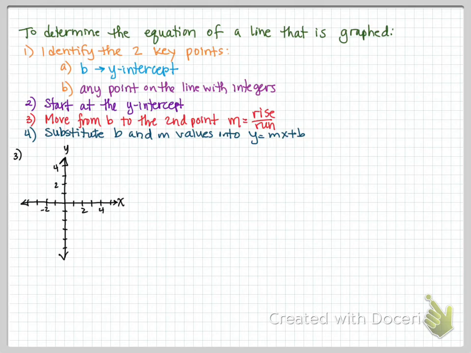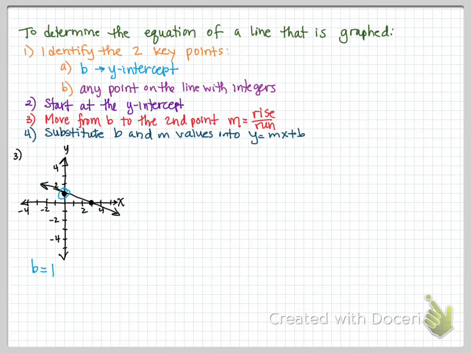Oops, I didn't go over far enough. There we go. That's better. Okay, and I have two key points that we can see pretty clearly in our line. So we're going to start with the y-intercept. See, it crosses here at 1. I know my line is a little above it, but the dot is at the intersection of the graph paper.